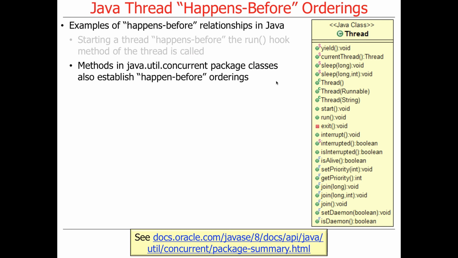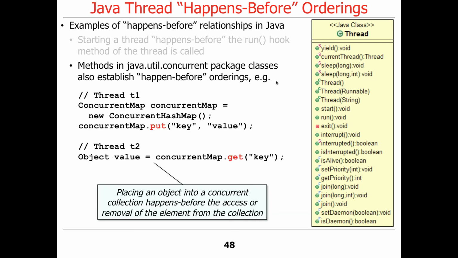There are also lots of examples of happens-before orderings in the java.util.concurrent package classes. Take a look here. Here's an example where we've got thread 1 and thread 2. Thread 1 is going to put a value into a particular key in the concurrent map, and thread 2 is going to get the current value at that key in the map.